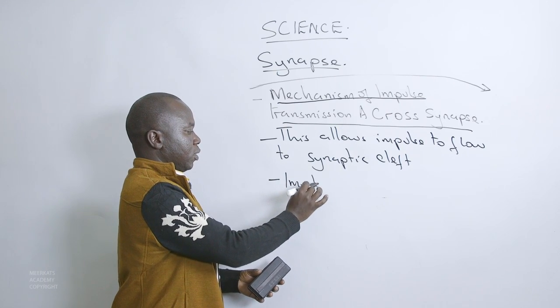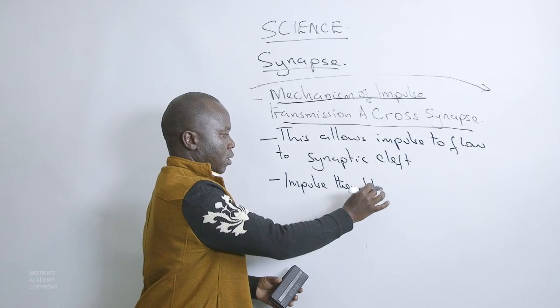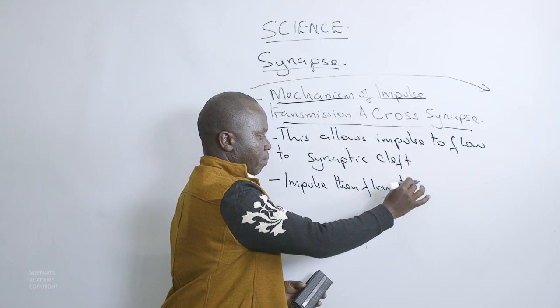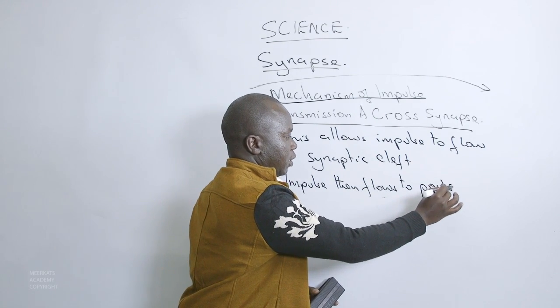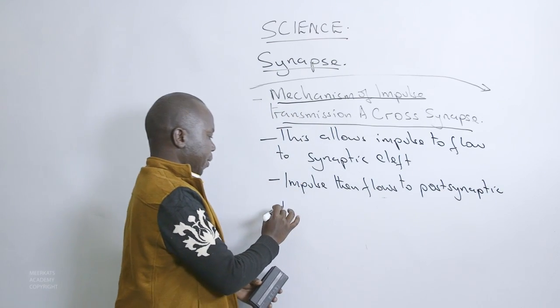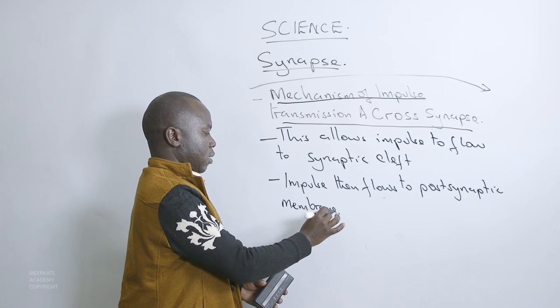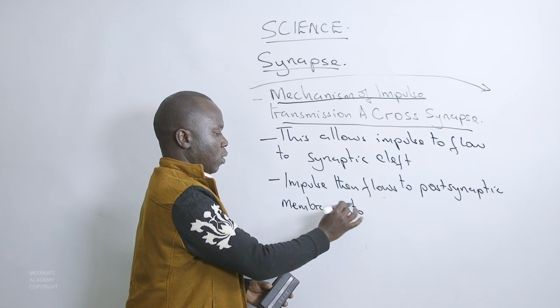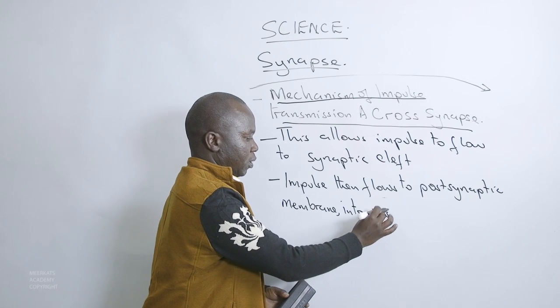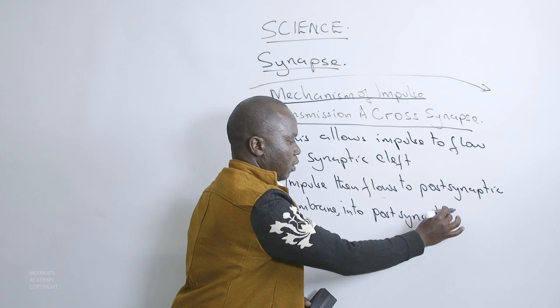The impulse then flows to the postsynaptic membrane into the postsynaptic knob.